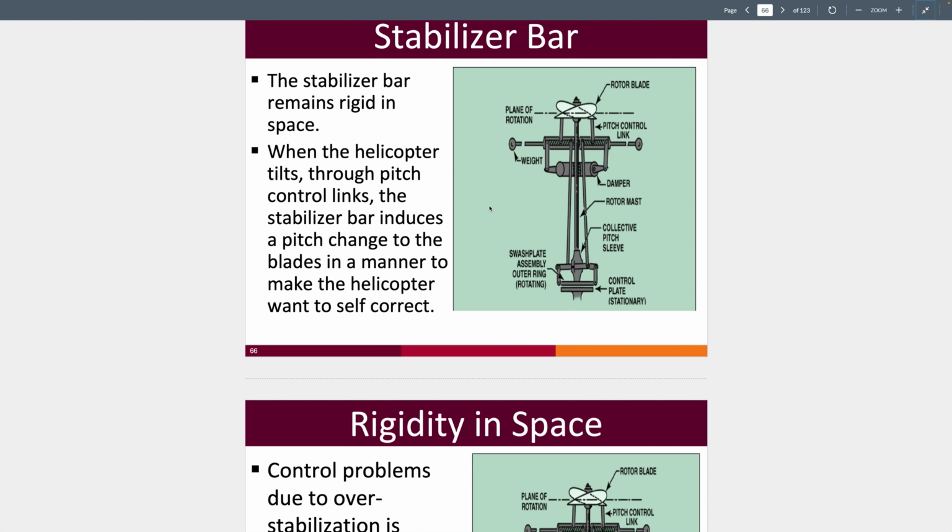Now, because it's connected to the feathering of the blades, this can act in a self-correcting manner for the helicopter. So this allows the helicopter to be able to resist or correct for any disturbances that come externally to the helicopter.